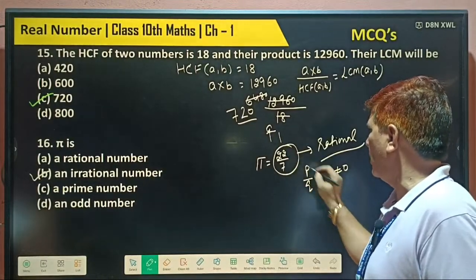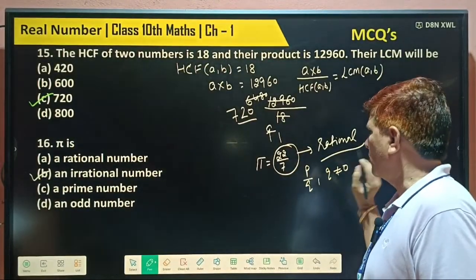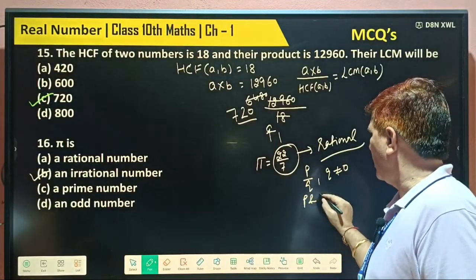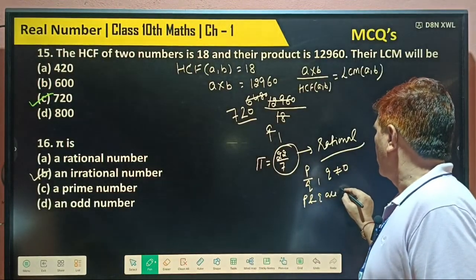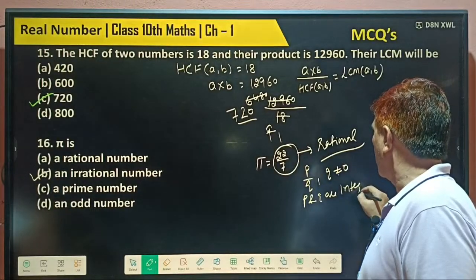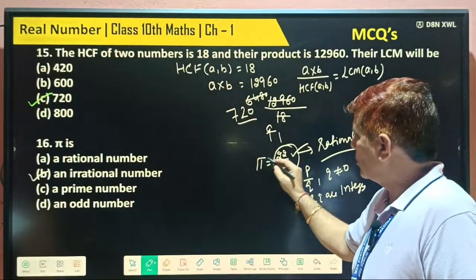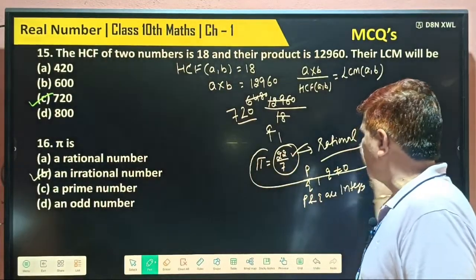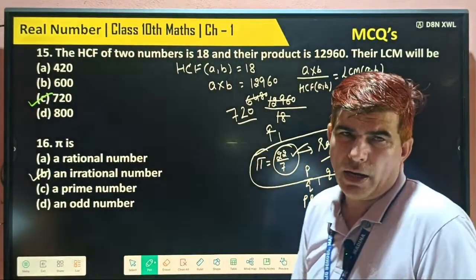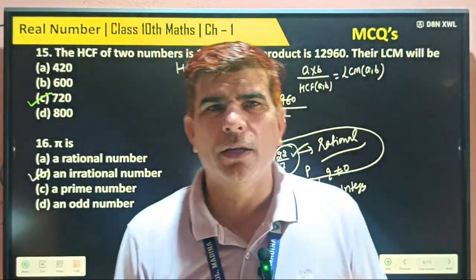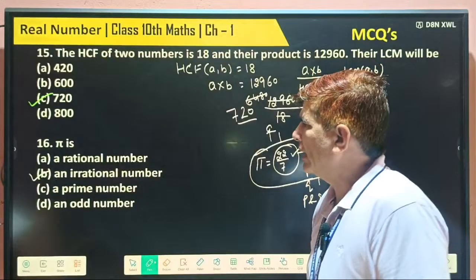And P and Q are integers. So both are integers. This is rational, but pi is irrational. Why? Because again I told you, this is not the exact value of pi. This is the approximate value of pi. So pi is what? Irrational number.